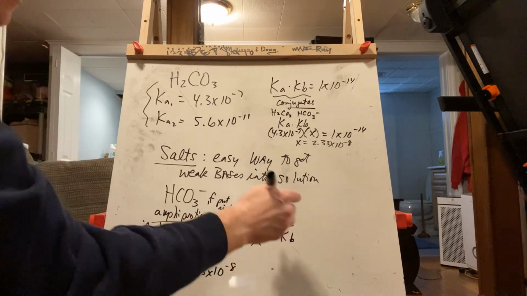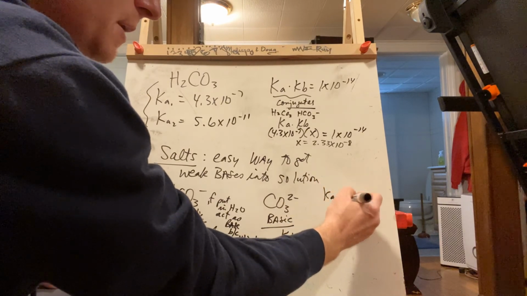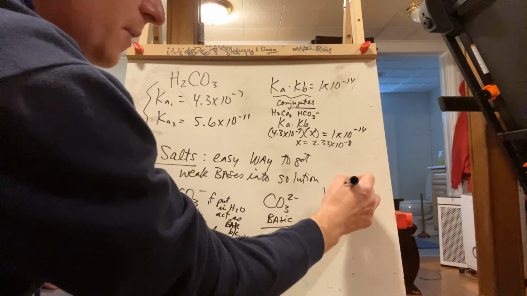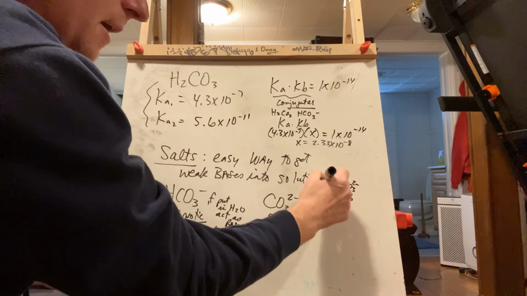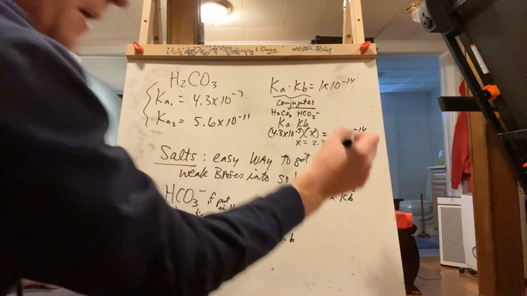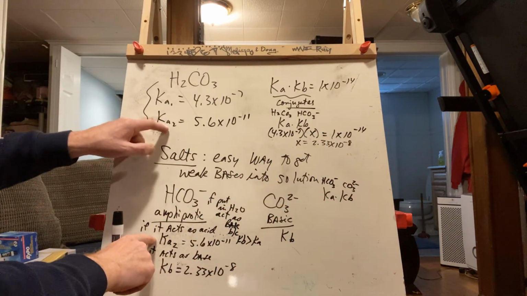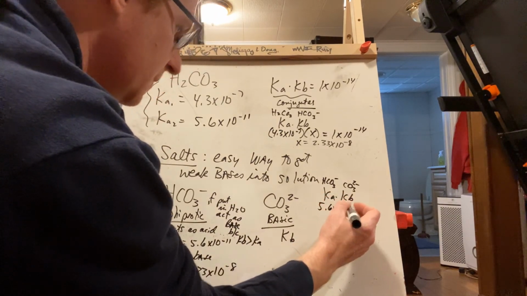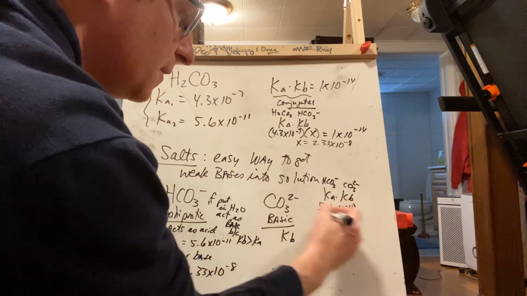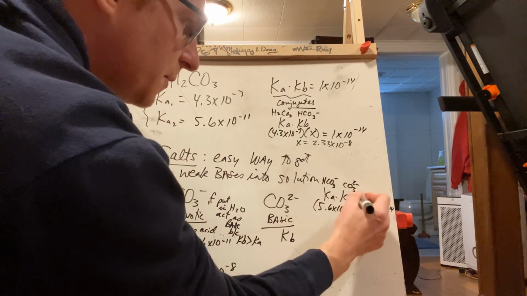And to calculate the Kb, you'd use this same little trick, Ka times Kb. The CO3 2 minus is going to be my Kb. The Ka is HCO3 minus, which was just this Ka2, 5.6 times 10 to the negative 11th, times x equals 1 times 10 to the negative 14th.